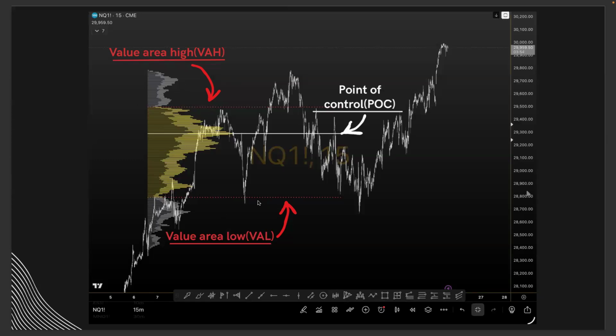The most significant area will be in between those two red lines, in between the value areas, and then you have also high volume nodes outside of those areas, and you have low volume zones. This value area low is sitting almost in the middle of the low volume zone, and you can see that when the price came here, it filled the low volume zone, bounced from this higher spike and came back up.